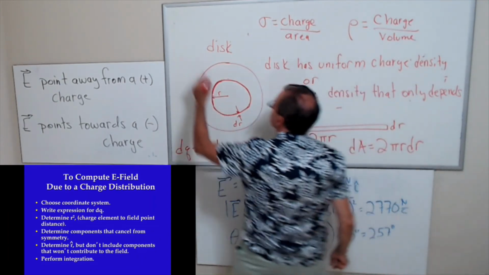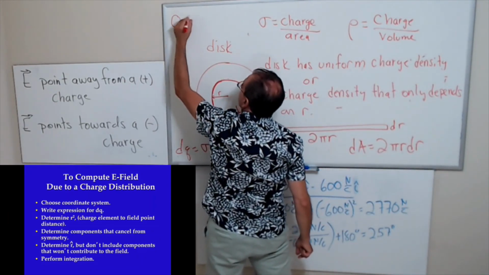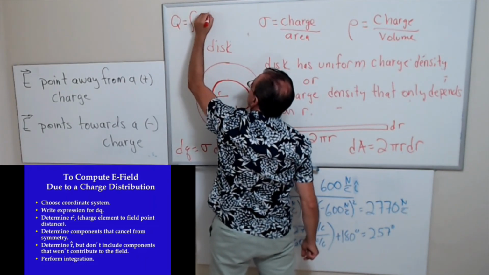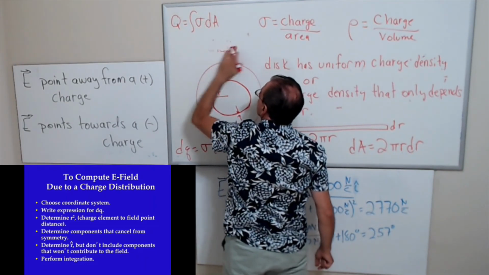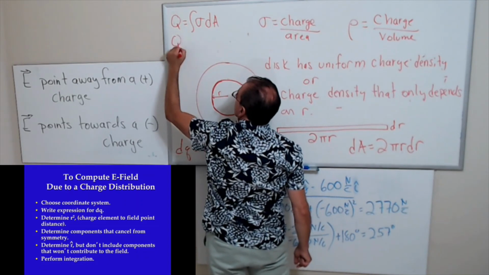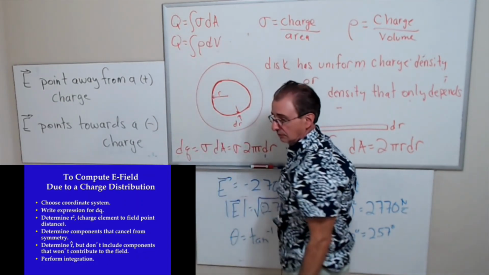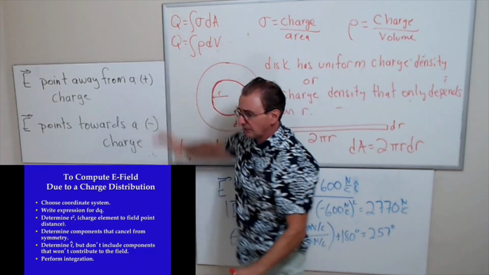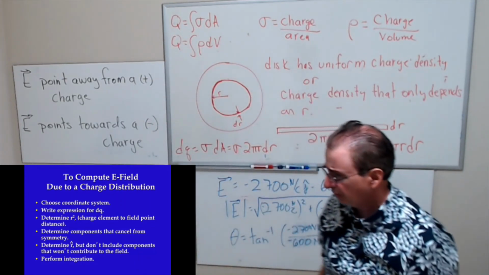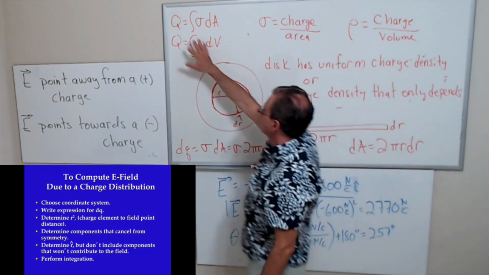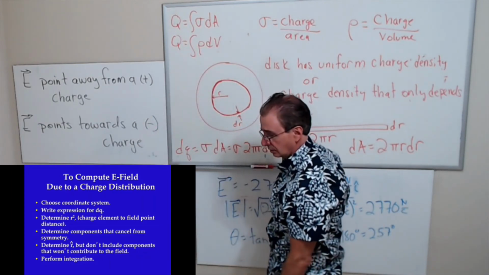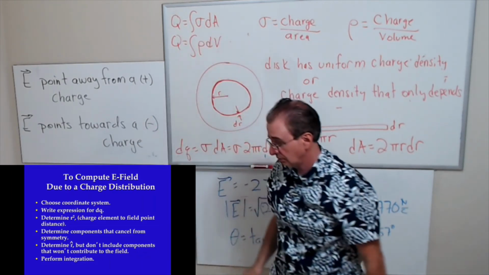So for an area, Q is the integral of sigma dA, or for a volume, because you probably did this in Physics 205 also, where these are masses instead of charges. So this is for 3D, that's for 2D.